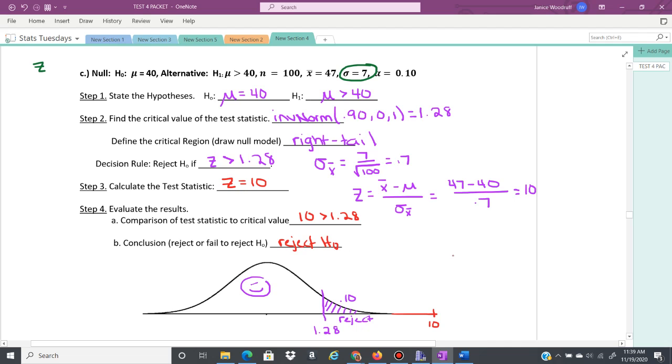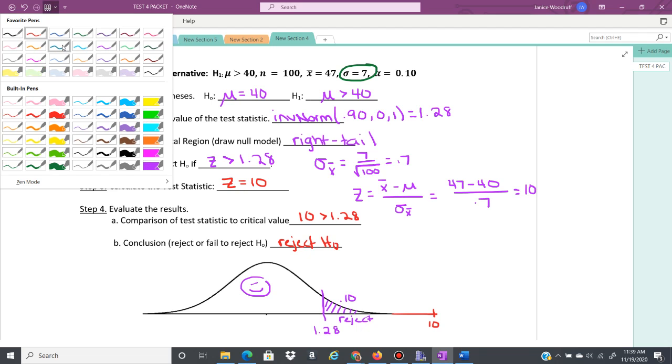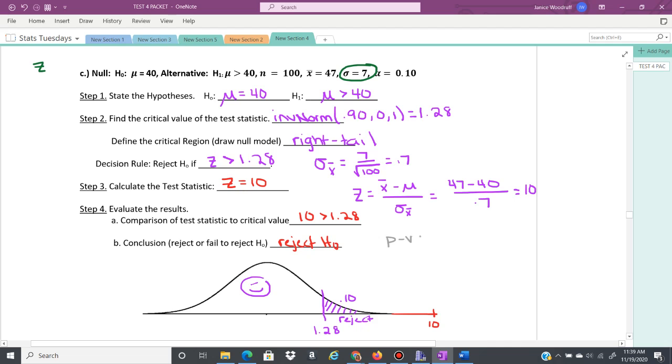Okay, again, if I wanted to take the p-value approach, you're going to find the p-value for 10, which should be 0, because you would do normal CDF of 10 and 99, that would give you 0. And then you would say your alpha is 0.10, your p is less than your alpha, which means you will reject the null.